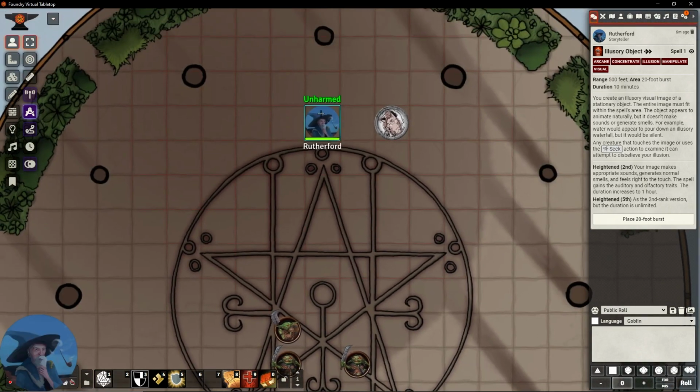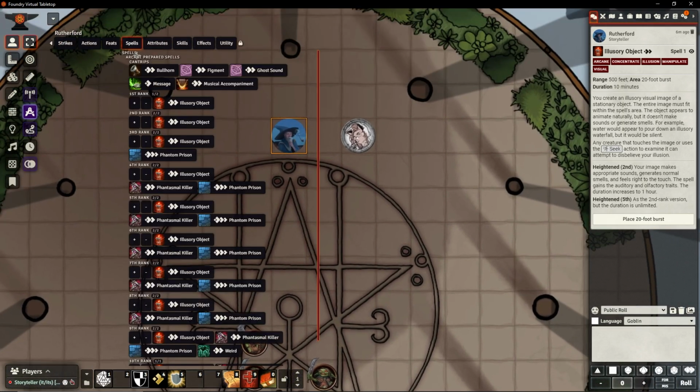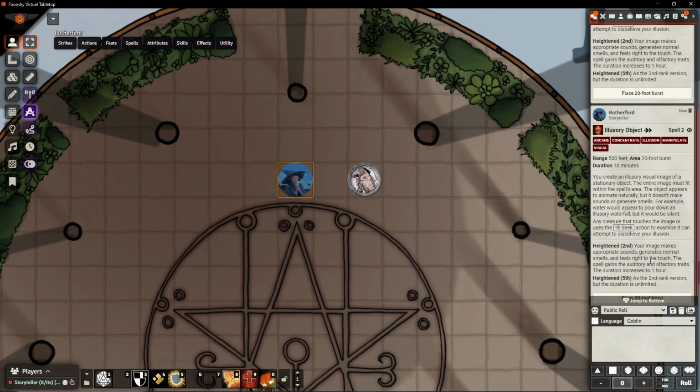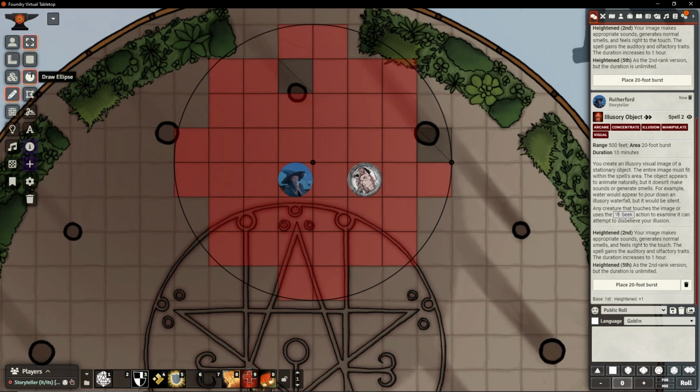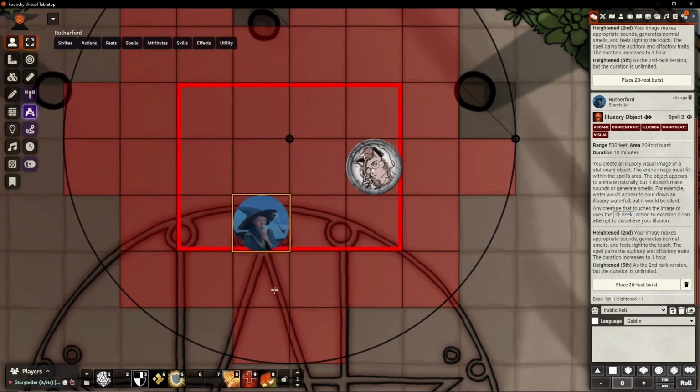And this goes for the caster and their allies as well. Rutherford, if he were to, say, again, cast an illusory object here, a 20-foot burst, let's set that up right here, and then I will draw a line, or a rectangle, actually. If he were to box himself and Exxa in with a little cage, some bars, etc., he can't move through that.